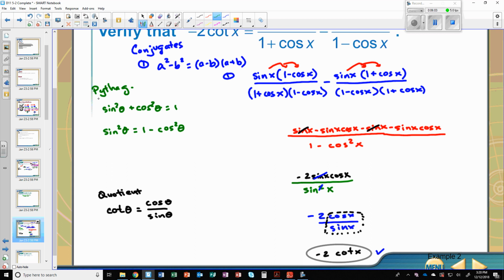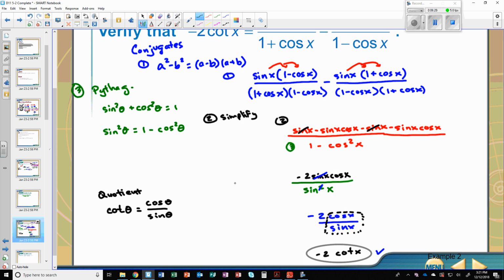Step 2 in here was that we simplified the numerator. And that's what I did there.